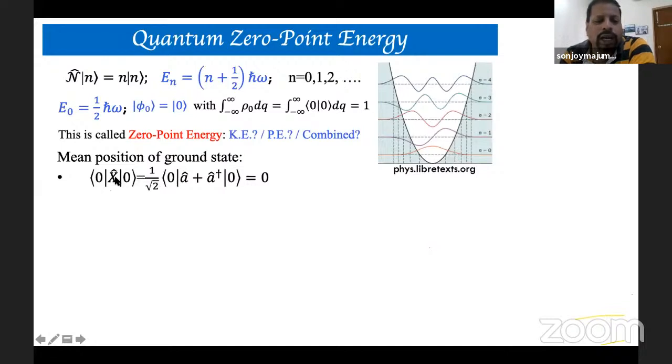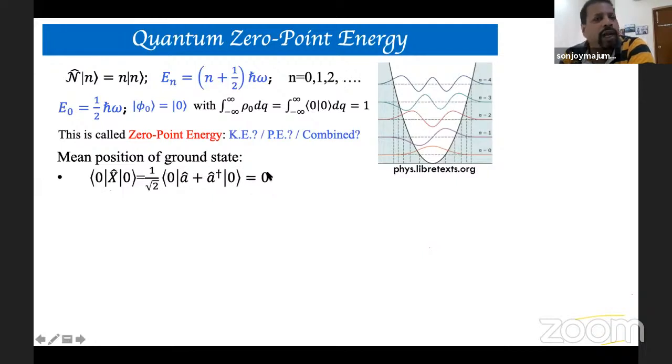Either X or Q, you can write in terms of the creation and annihilation operators. If you take the expectation value, A acting on the ground state, as you know, is 0. And A dagger acting on the bra side of the ground state will also be 0.